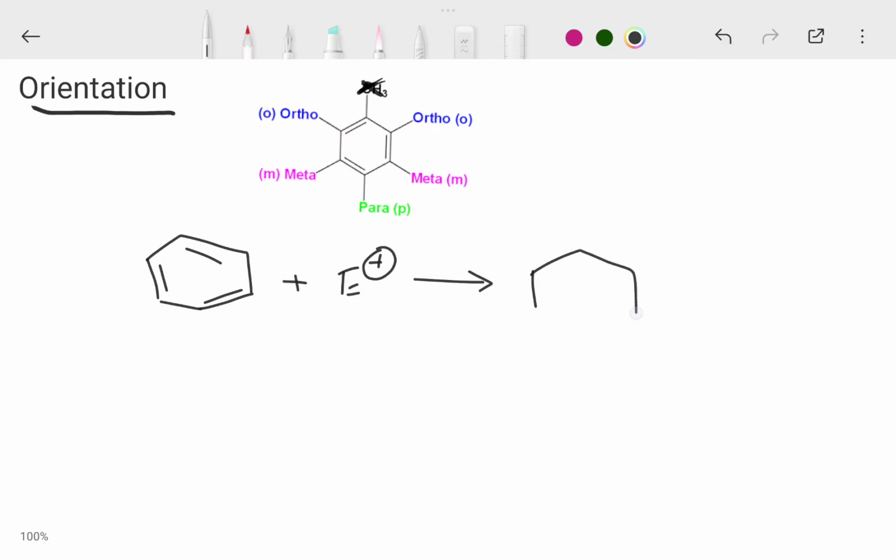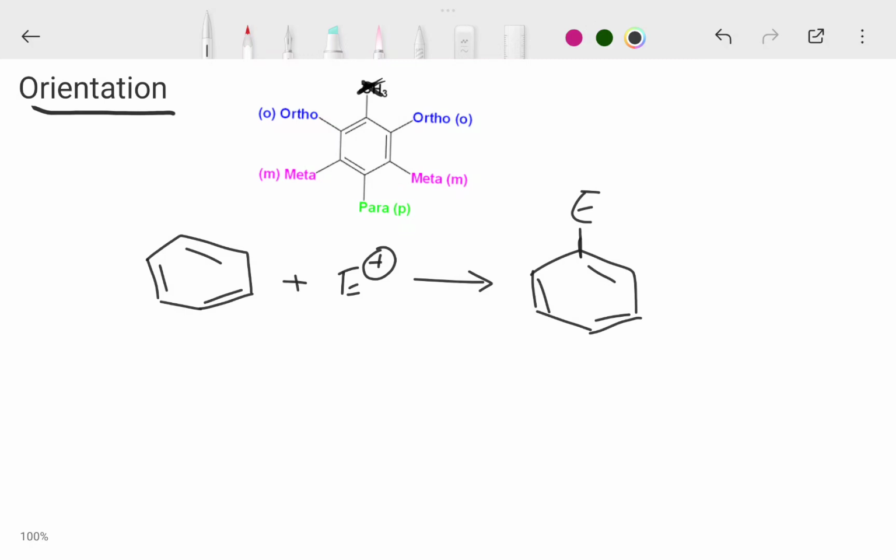Here, the six carbons of benzene are the same. That's why the substitution gives one mono-substituted benzene. If a further substitution reaction is carried out on a mono-substituted benzene, only the five positions are available.